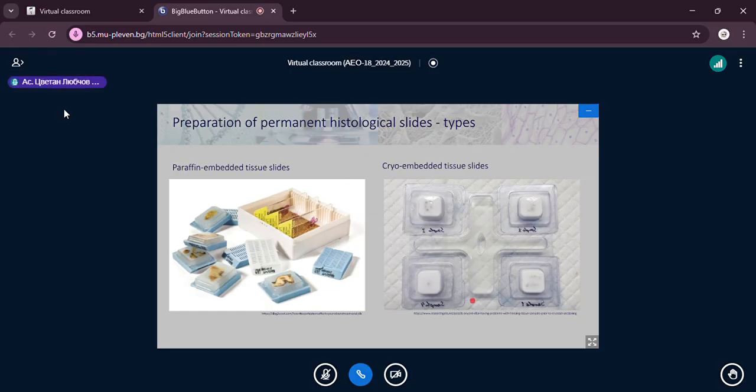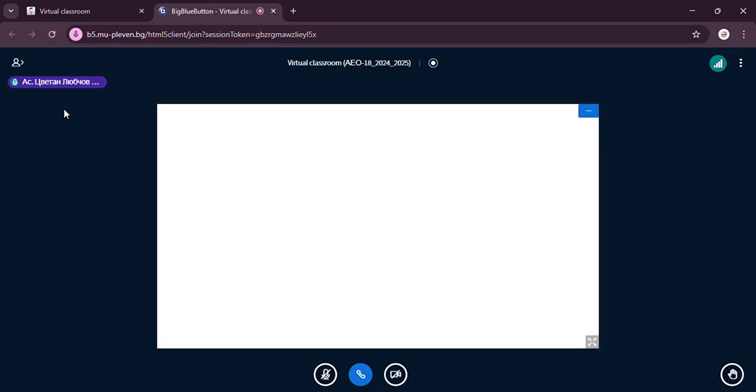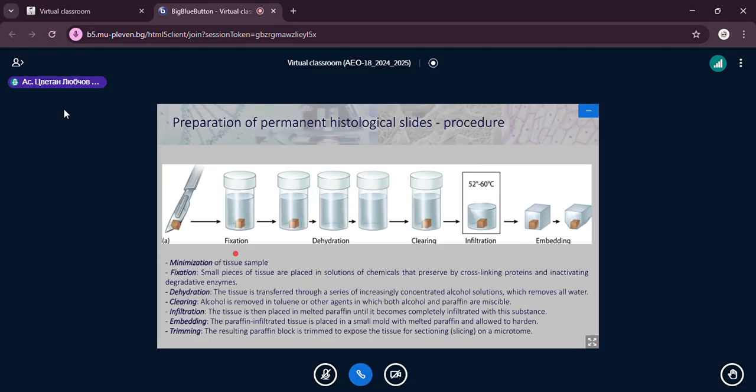Okay. So histological slides, guys, how are they produced? Here we're going to see the whole scheme of the production of the histological slides, starting with the first step, minimization. When you get the whole organ, for example, kidney, you don't do the full organ histology, guys.